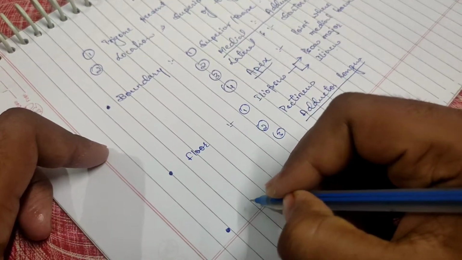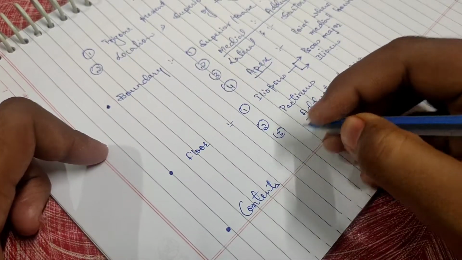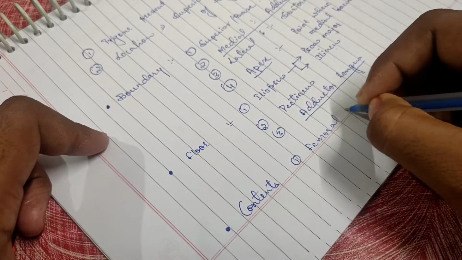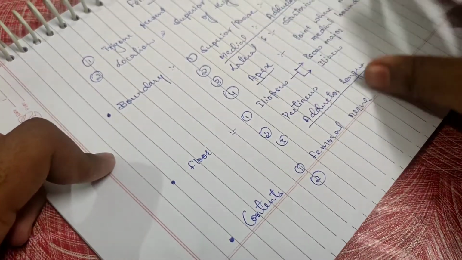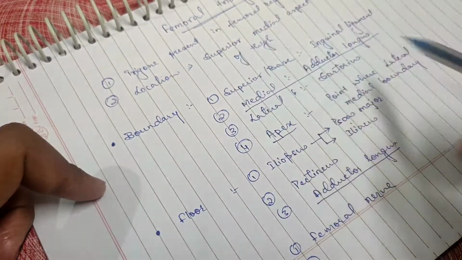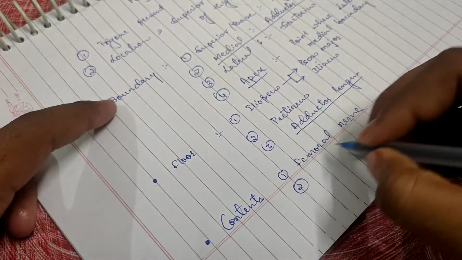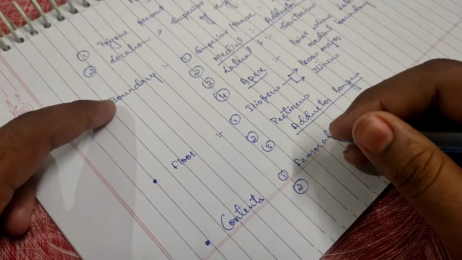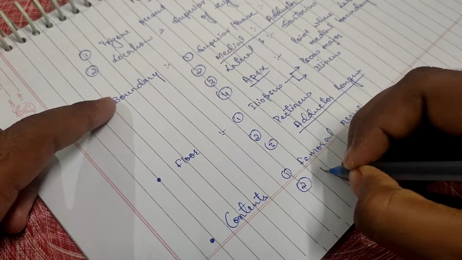Let me tell you about the contents of the femoral triangle. Okay, what are the contents of the femoral triangle? The first is the femoral nerve. See, the contents of the femoral triangle are very easy to remember, as the name itself says femoral triangle. So everything related to the femur will be the content. So femoral nerve, femoral artery, femoral vein. The first thing I have written is the femoral nerve.